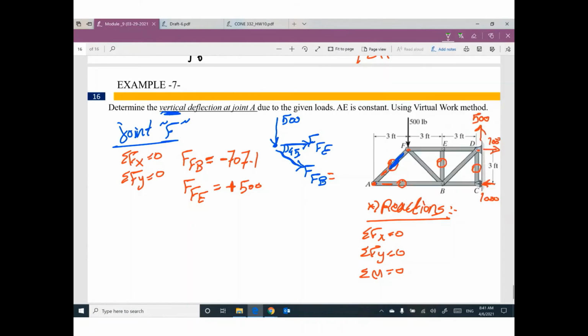From your calculations, positive means correct direction. Negative means wrong direction.